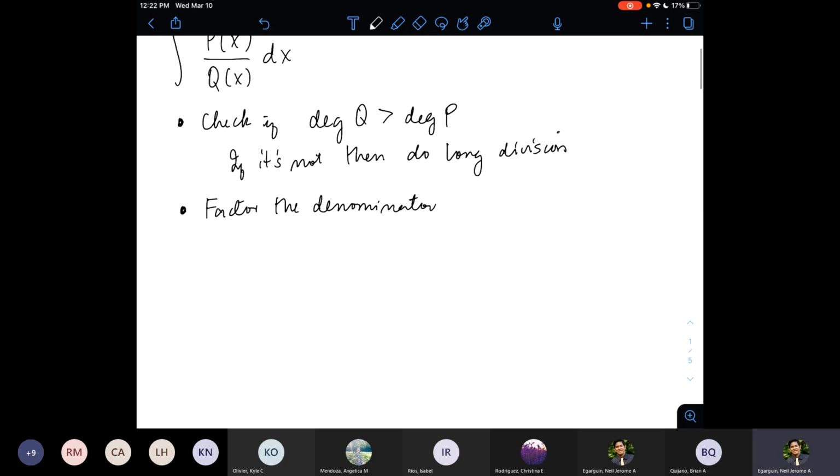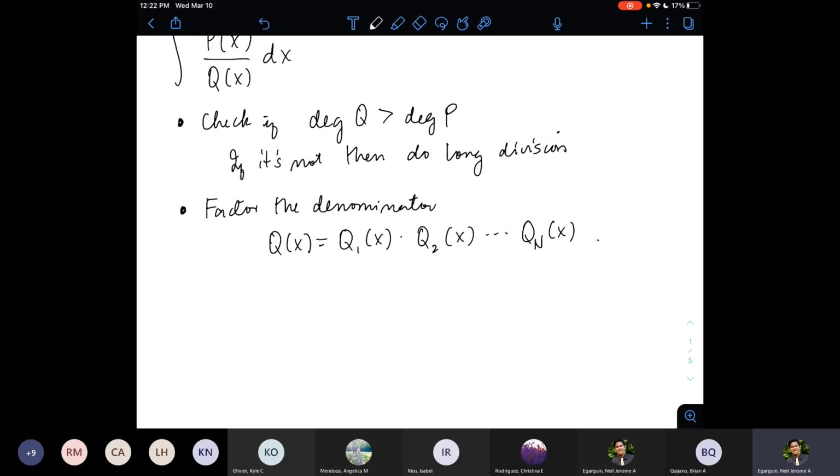Okay, so essentially what we'll have is, say q of x is equal to q1 of x times q2 of x until q sub n of x. So you try to factor it completely. Make sure to factor everything that is factorable.